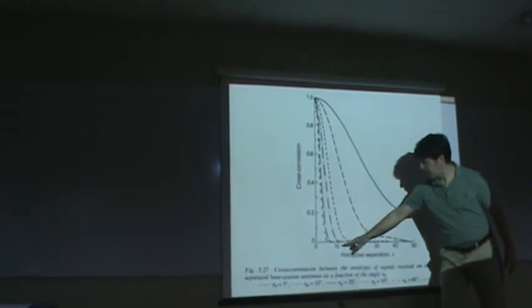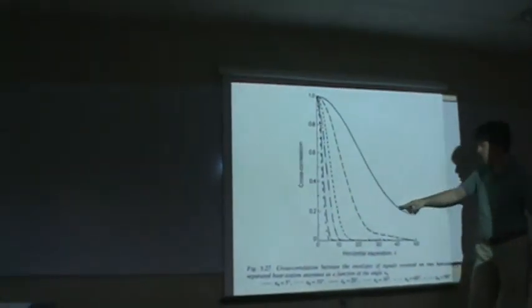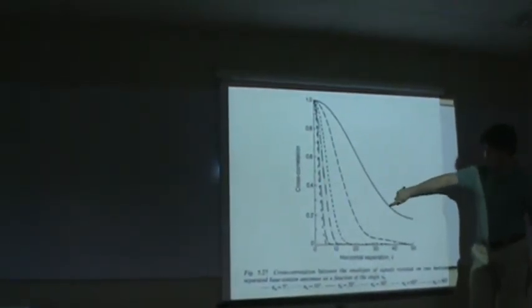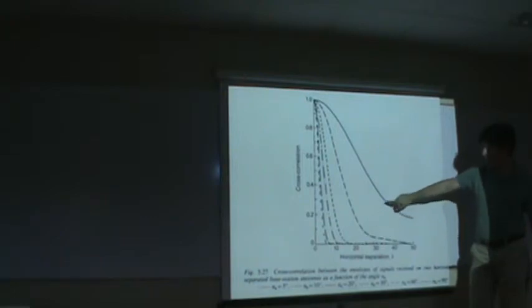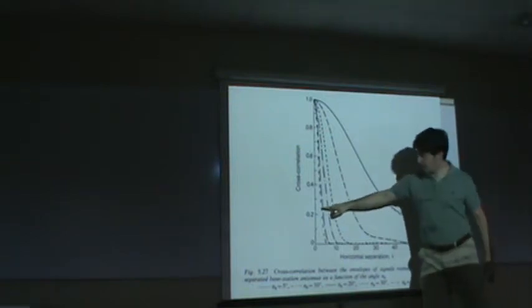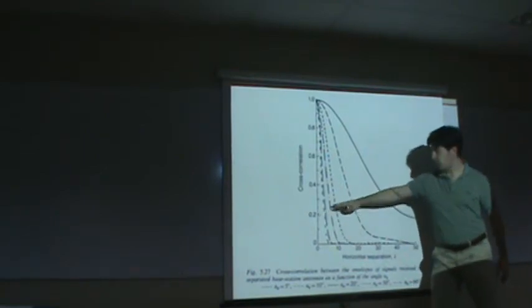So if you take a given value of distance or a given value of correlation, you will need a very large spacing for an angle distribution of 5 degrees. And if the angle distribution is larger, then the distance required to achieve a given value of correlation is lower.